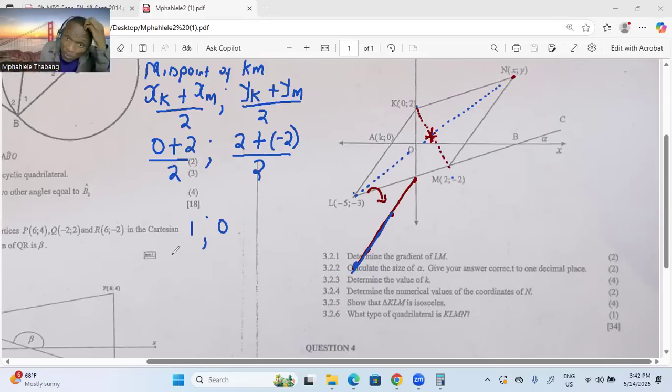So the midpoint of KM is 1 and 0, which means that the midpoint of LN also should be 1 and 0, because I said the diagonals of a parallelogram have the same midpoint.